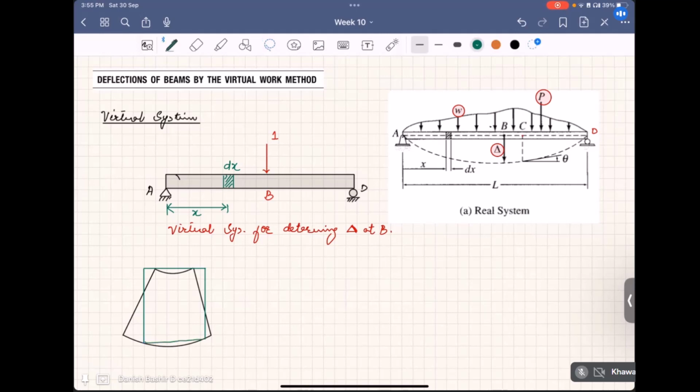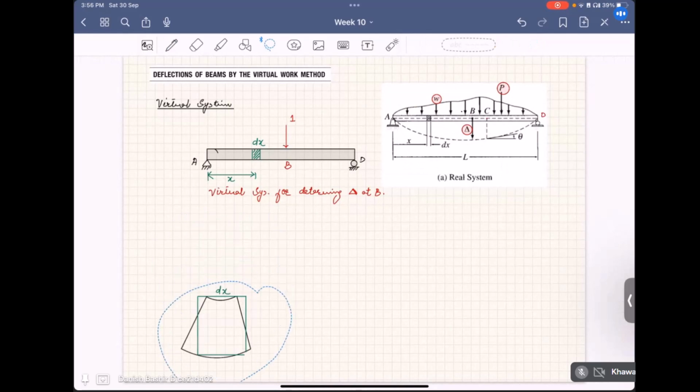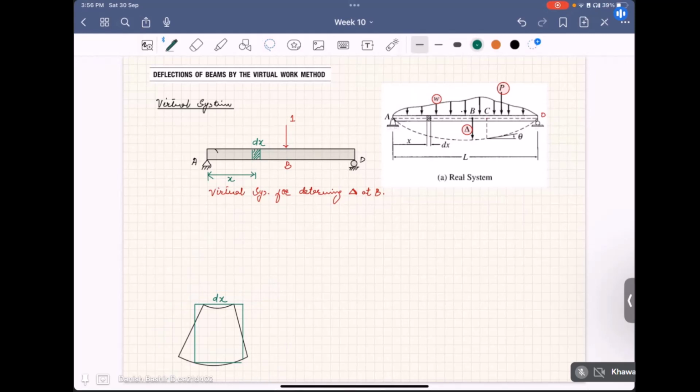So initially its length was dx. It will have a total rotation of d theta. I will take it like this, and it will have internal virtual moments developed like this.